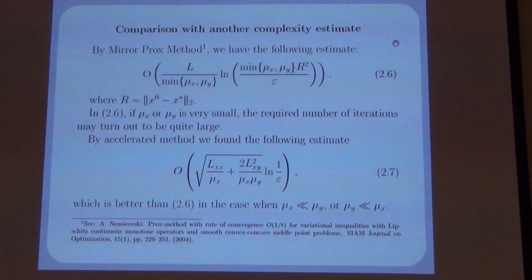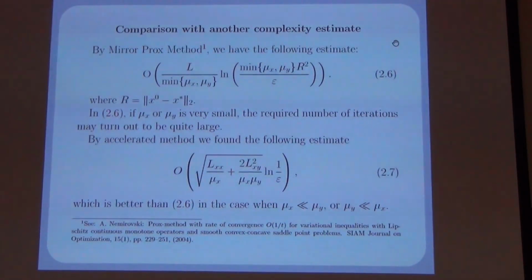This method was proposed by Arkadi Nemirovski in this work. By using the mirror-prox method, we have the following complexity. In the case when mu x or mu y is very small, the required number of iterations may turn out to be quite large.